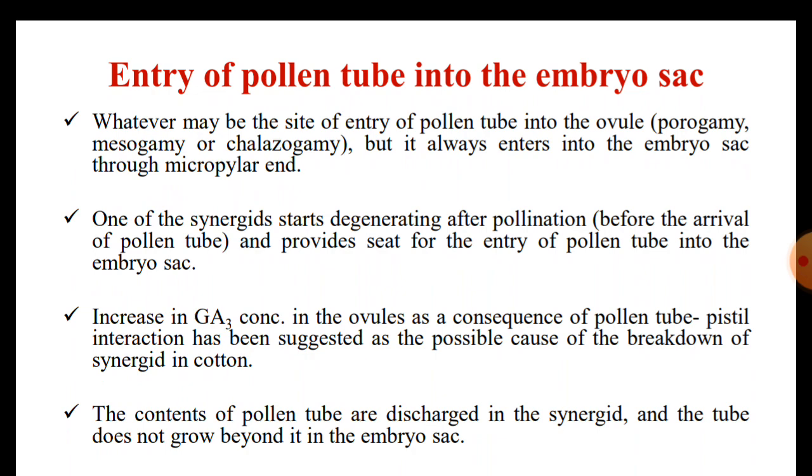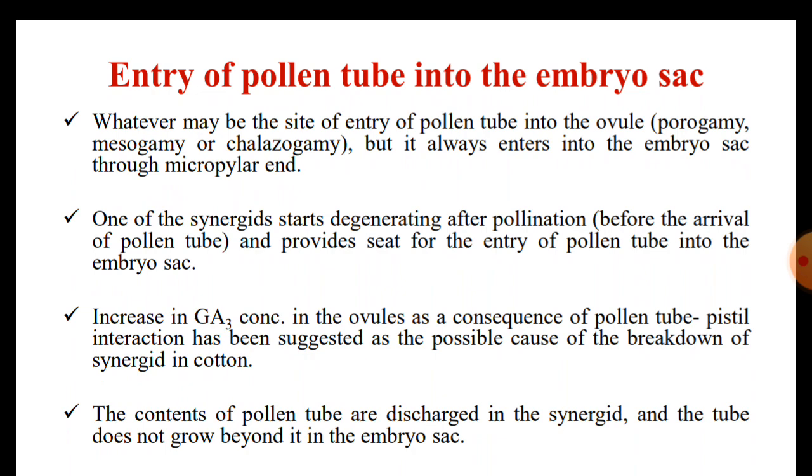We have earlier seen, when we were discussing the figures showing porogamy, mesogamy and chalazogamy, that whatever may be the site of entry of pollen tube into the ovule, it always enters into the embryo sac through micropyle.